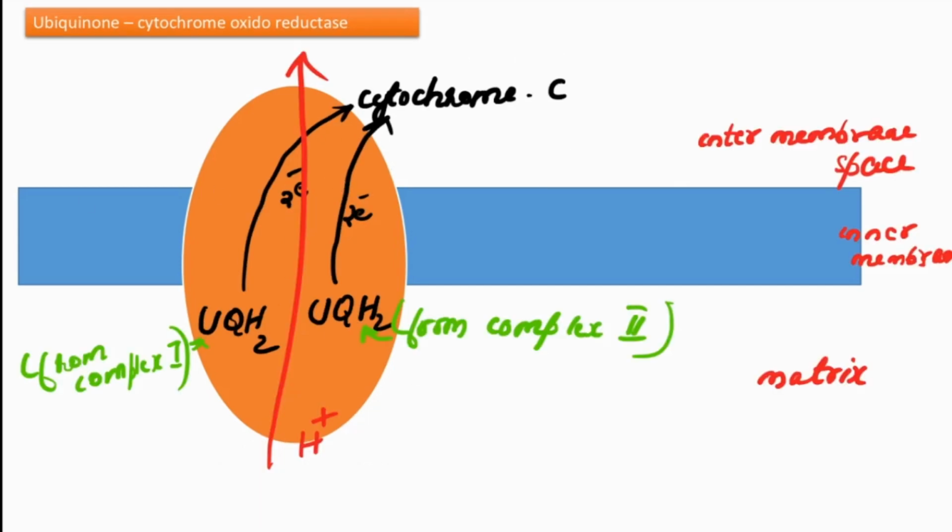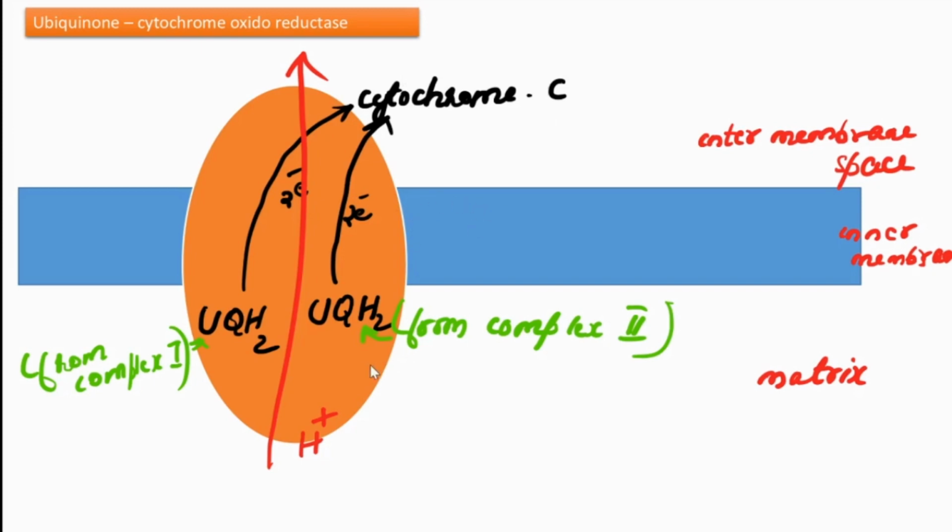Next, ubiquinone cytochrome oxidoreductase, that is complex 3. The ubiquinone that carries electrons from complex 1 and complex 2 transfers its electrons to another electron carrier called cytochrome C. That way, two cytochrome C are generated here.